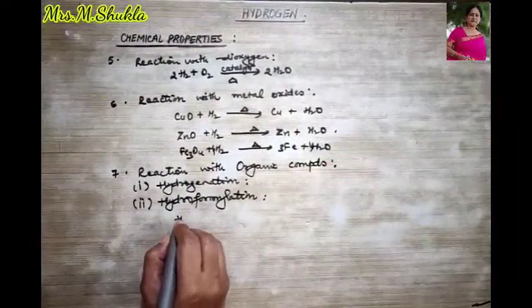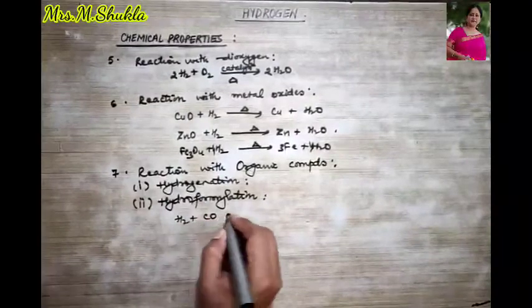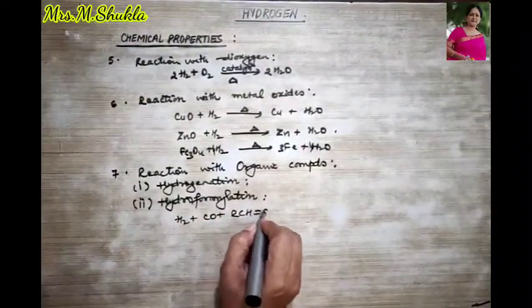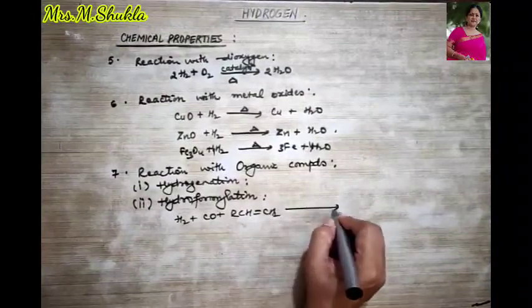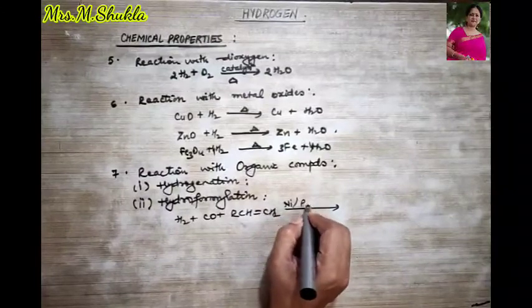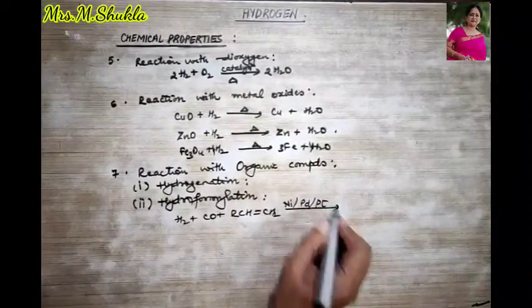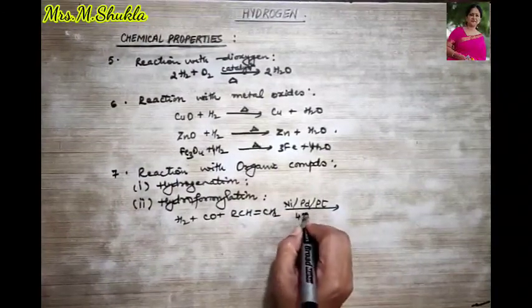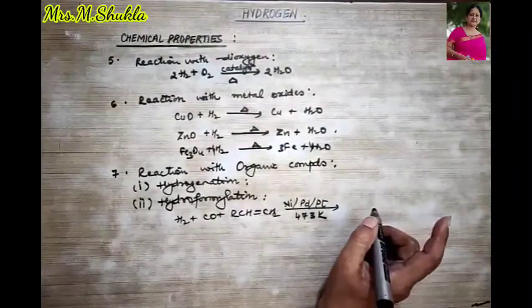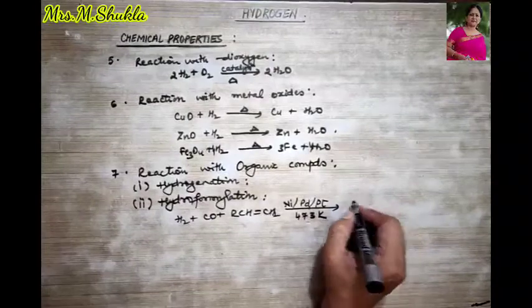So let's see over here, hydrogen combines with carbon monoxide and an alkene, that is CH double bond CH2, and in the presence of what? Nickel or palladium or platinum. What temperature is required here? 473 Kelvin.